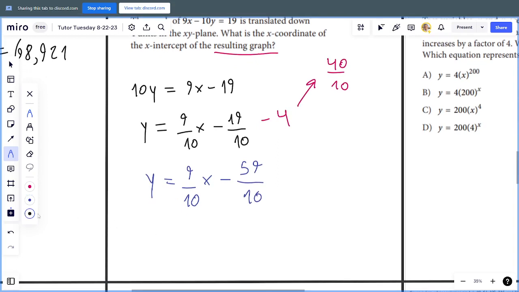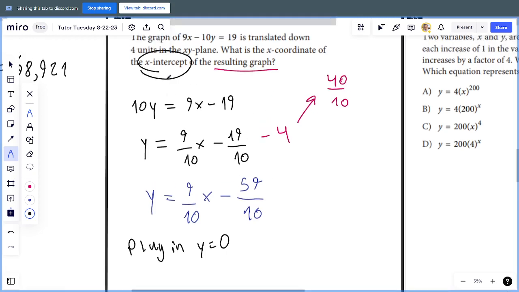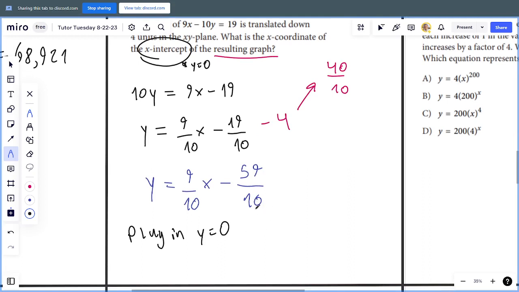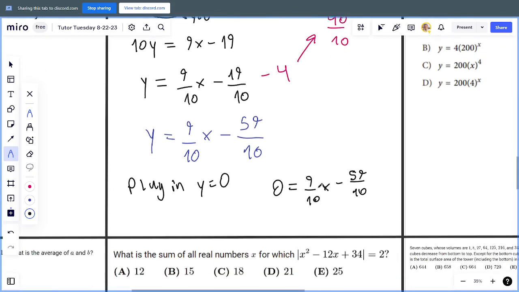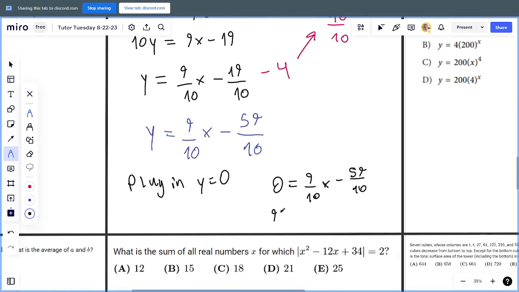And if we plug in y equals 0, because that's what an x-intercept means, right? That's y equals 0. Then we get 0 equals 9/10 x minus 59 over 10. And of course that just means that 9/10 x is equal to 59 over 10.